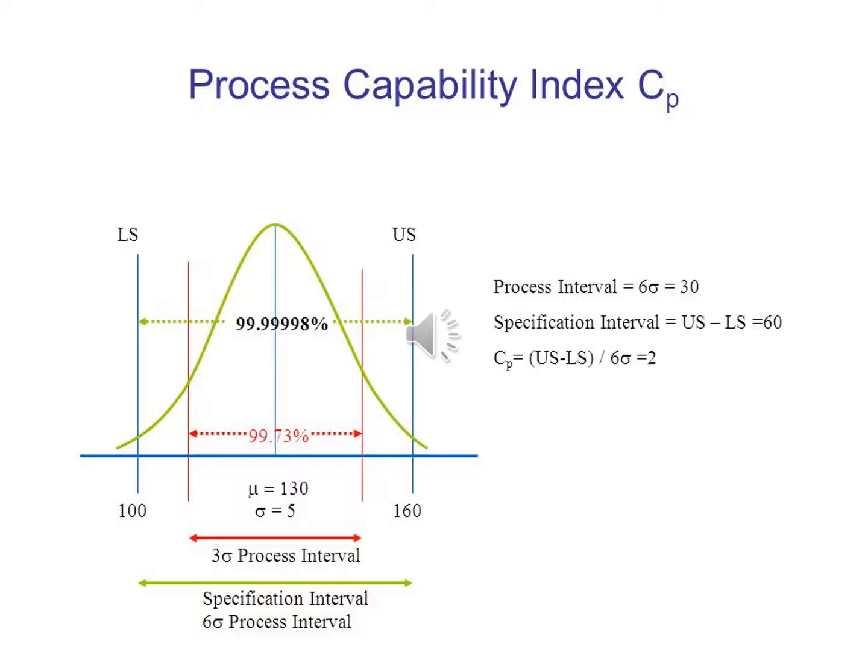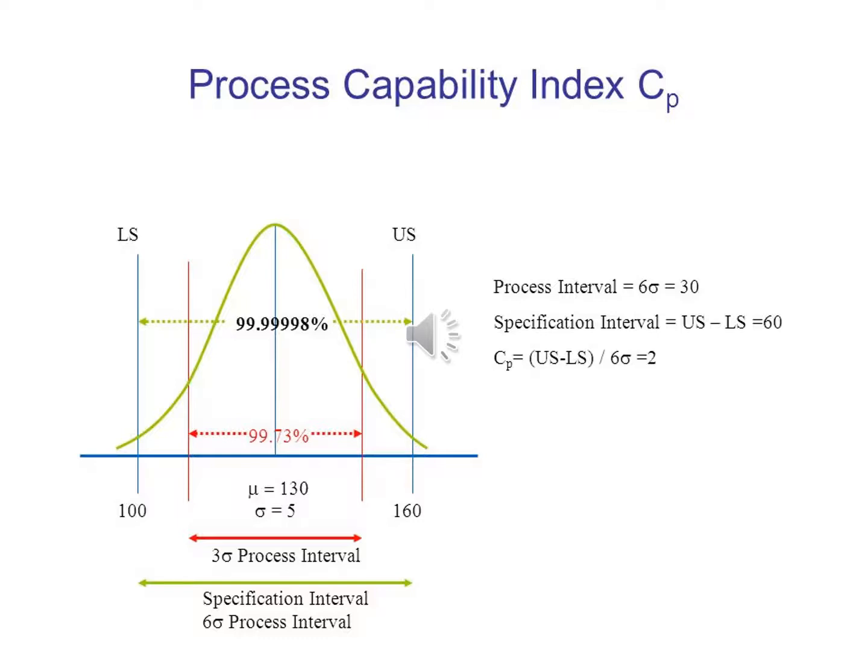Now, one of the ways we're going to measure how good our process is compared to the specification. We do that with the Process Capability Index, or Cp. And what you do is you take the standard deviation of the process, and this is after getting rid of all the outliers, the non-random variation, and calculate 6 sigma. In this case, my standard deviation is 5.